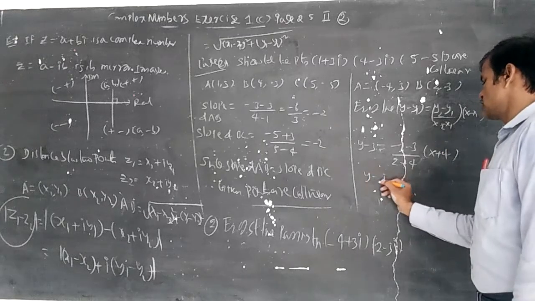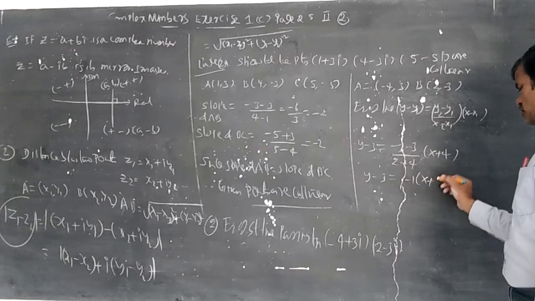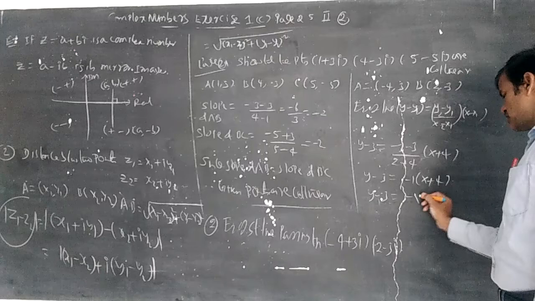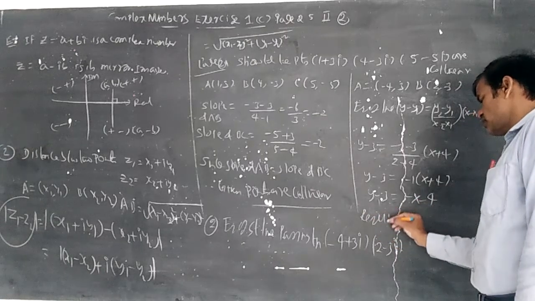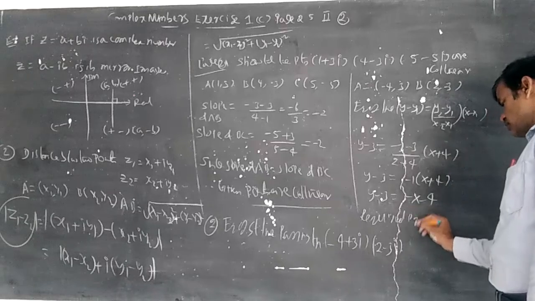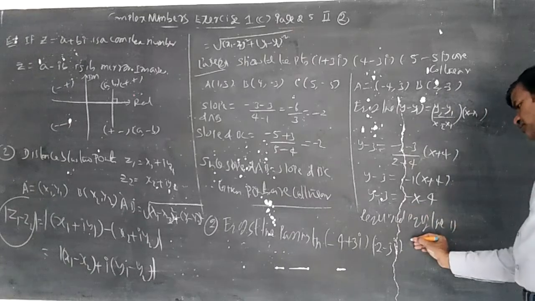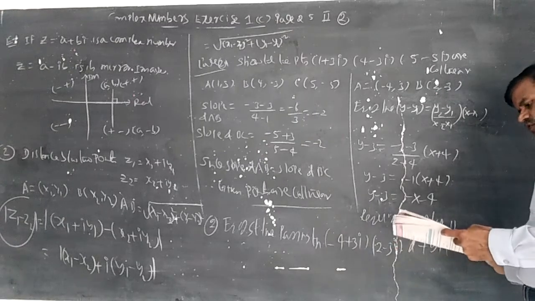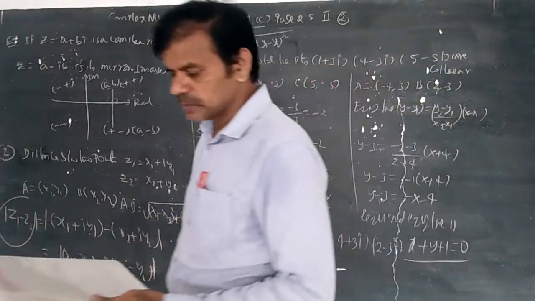So y minus 3 is equal to minus 6 by 6, becomes minus 1 into x plus 4. So y minus 3 is equal to minus x minus 4. Required equation of line is x plus y plus 1 equal to 0. This is the equation of line.